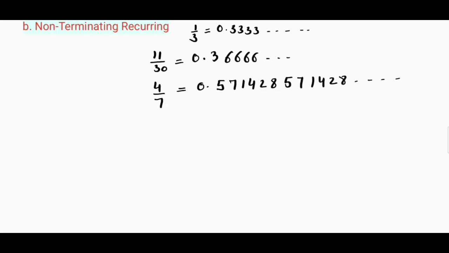It will never end. So here, see, in the first example, 1 divided by 3, this 3 is repeating again and again. And in the second example, 6 is repeating again and again. And in the third example, this set of digits, 571428, is repeating again and again. So it means that the process of division will never end.